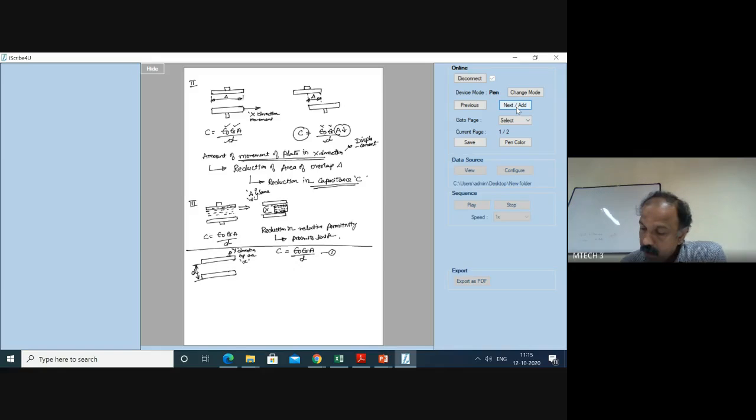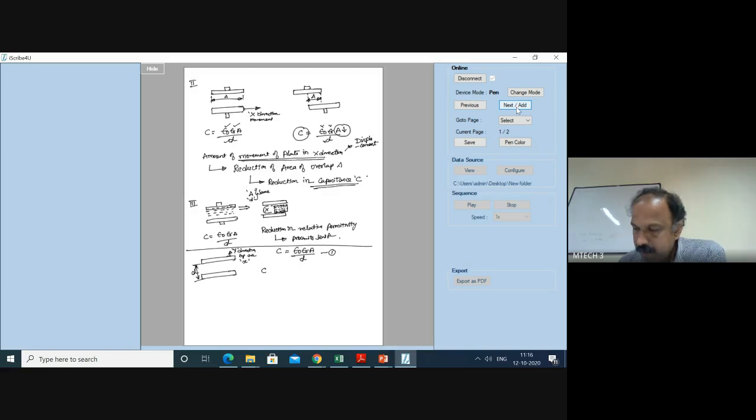Please understand carefully. If the separation D is increased by an amount X, so that it becomes D plus X, then what does the capacitance equation become?